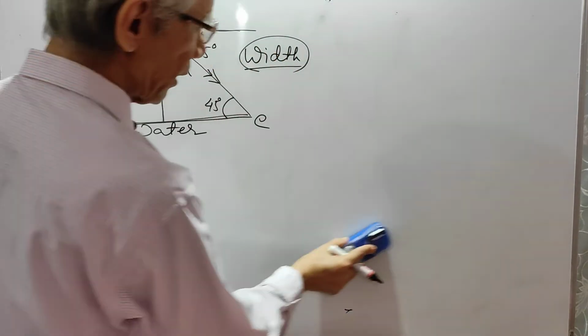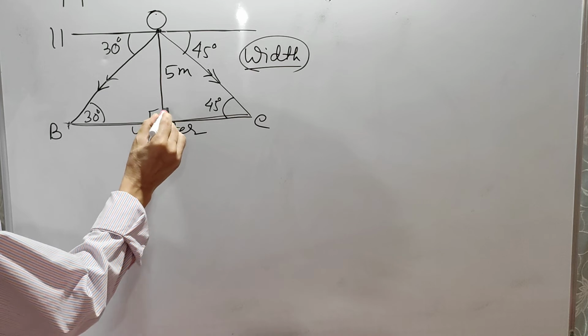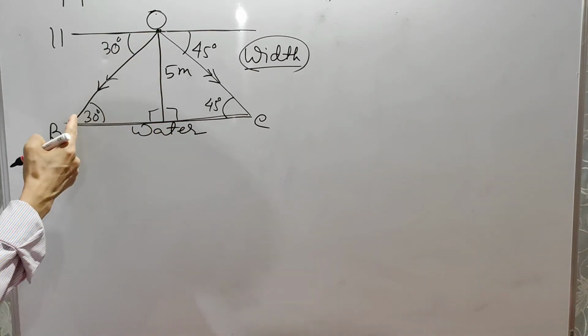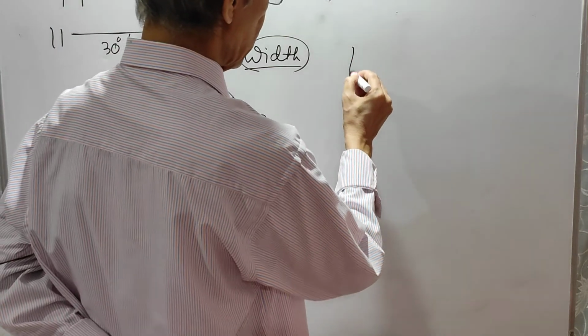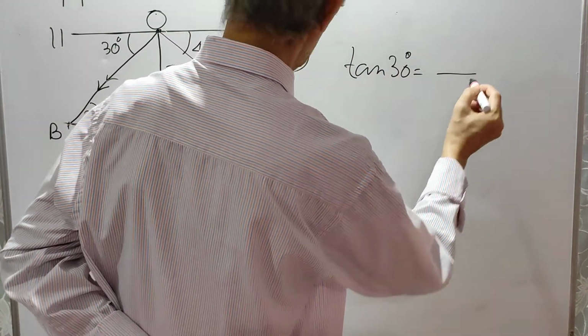Now again we have two right angle triangles. This is a right angle, this is a right angle. Let us first see this one, that is tan 30 degrees.